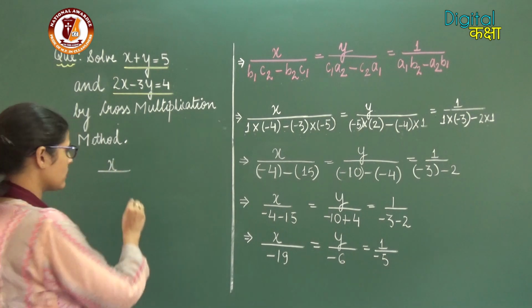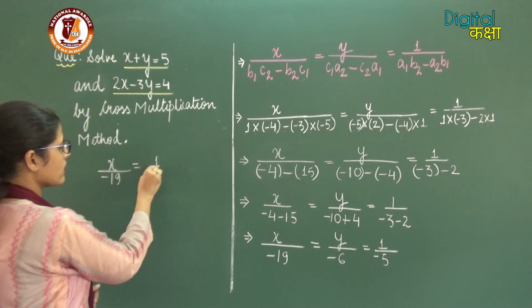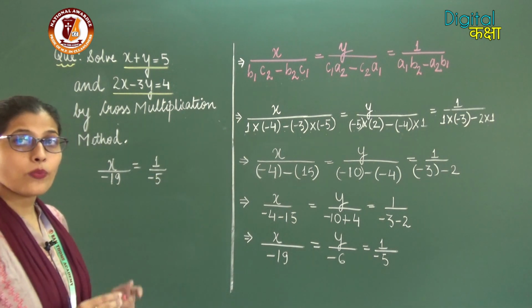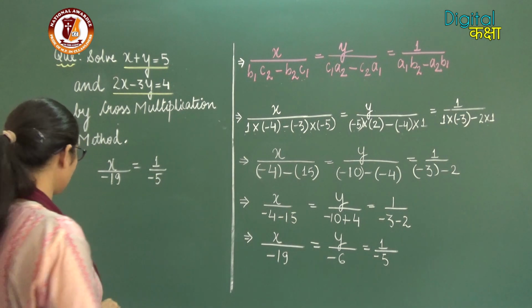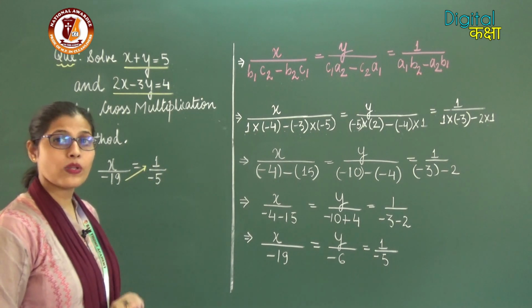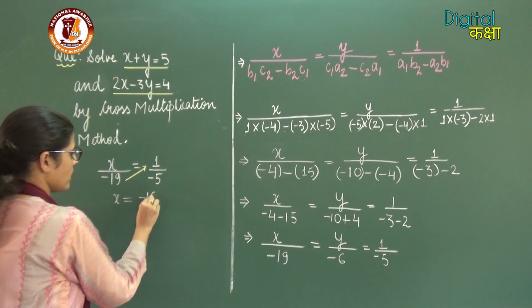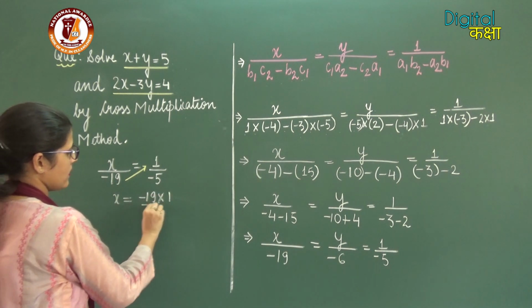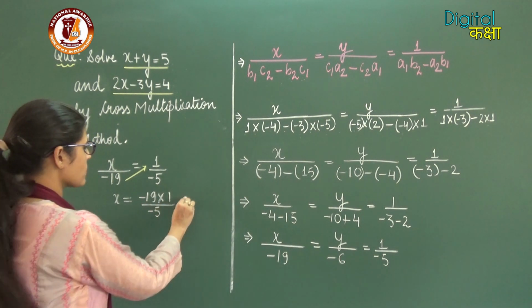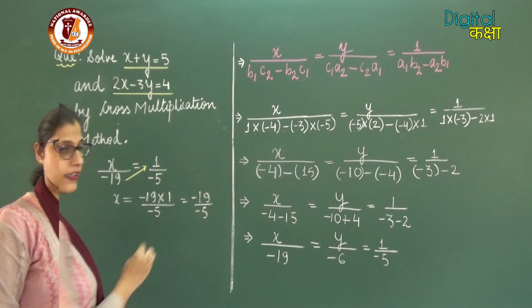Thus, x upon minus 19 equals to 1 upon minus 5. After this, we will be cross multiplying it. Minus 19 will be multiplied to 1. So, x is equals to minus 19 into 1 upon minus 5, which is equals to minus 19 upon minus 5.